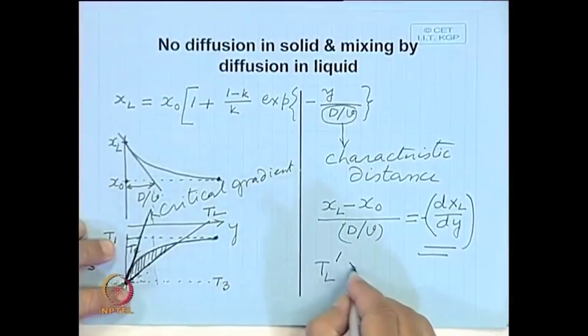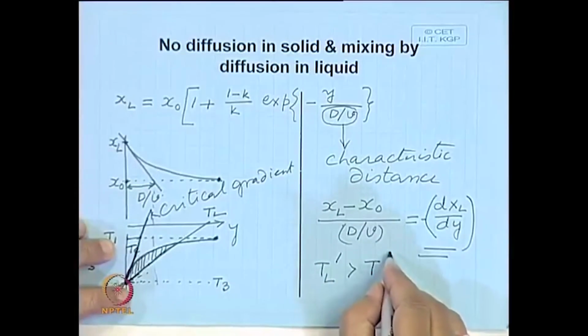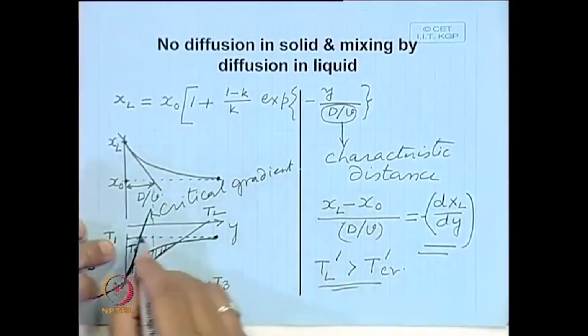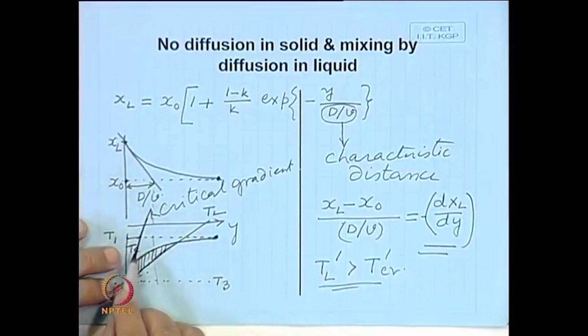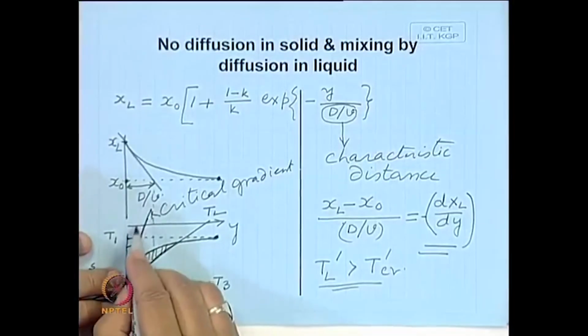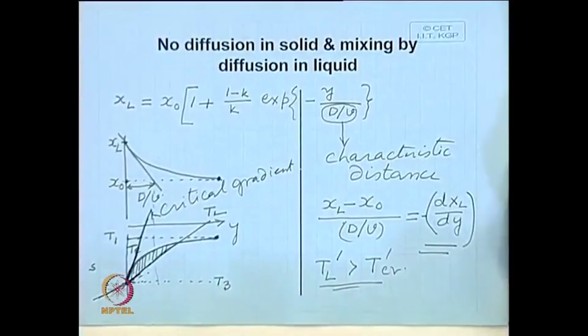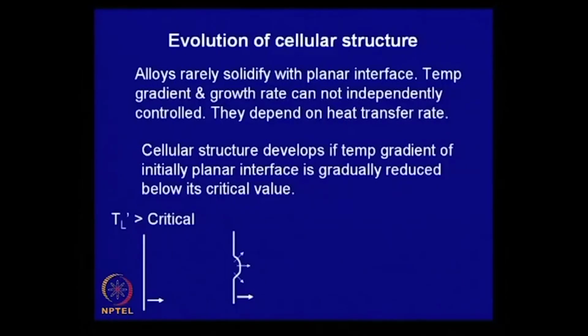If this is greater than that critical gradient, in that case one can infer there is no constitutional supercooling, therefore the planar interface will be stable, and otherwise there will be deviation from the planar interface.